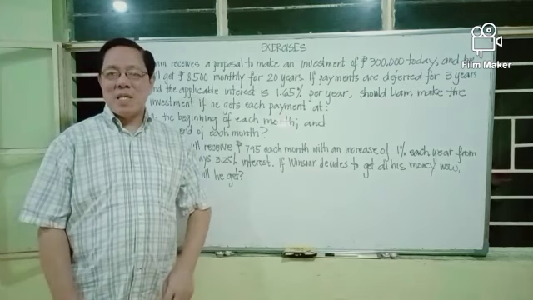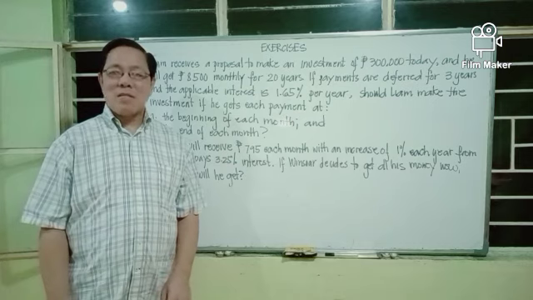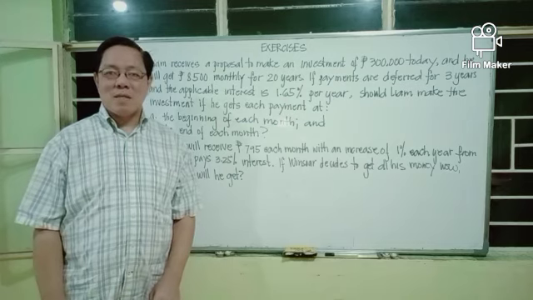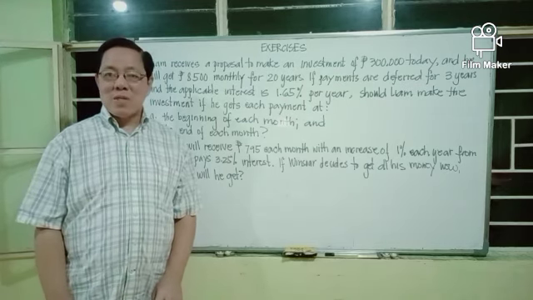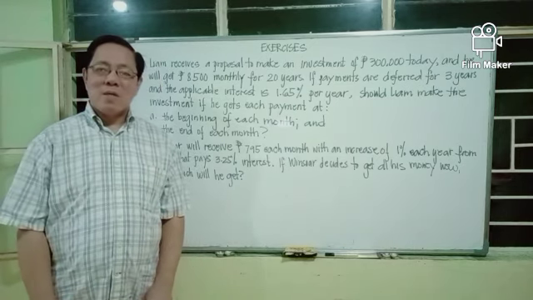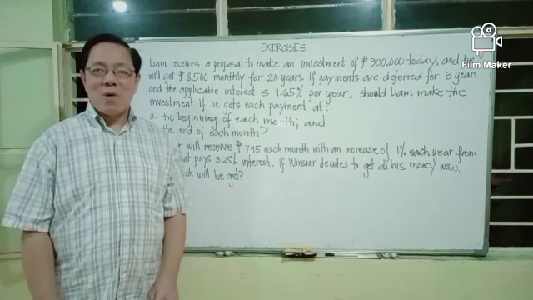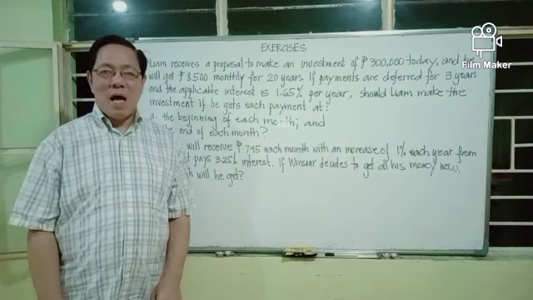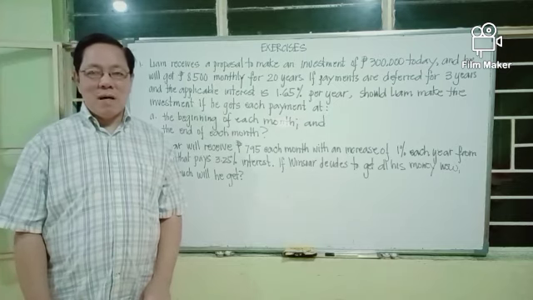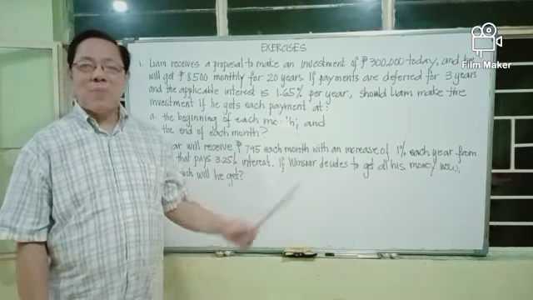In this problem, Liam is considering making an investment, and the amount to invest is 300,000 pesos. And in return for this investment of 300,000 pesos, he is promised to receive 8,500 pesos each month for 20 years. But the first payment will be deferred for 3 years. That is, Liam will receive only the first payment after 3 years have elapsed, and this money investment will earn an interest of 1.65% per year.